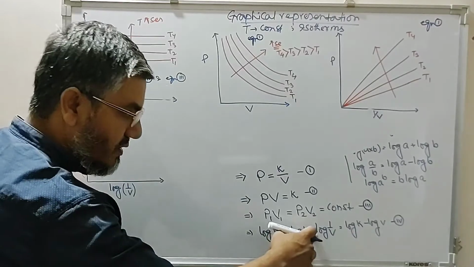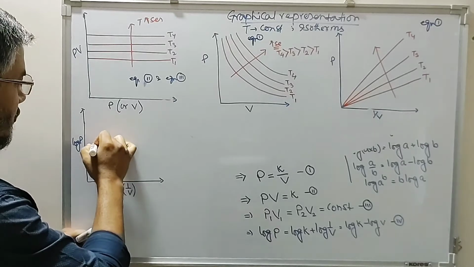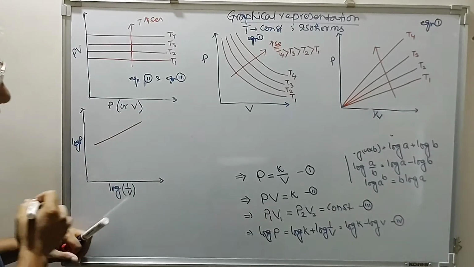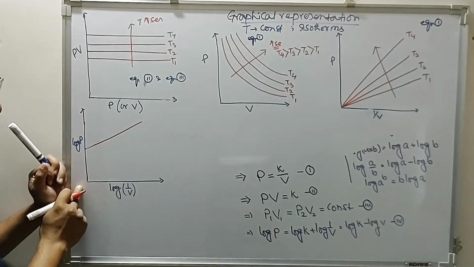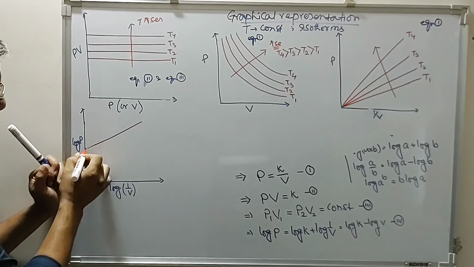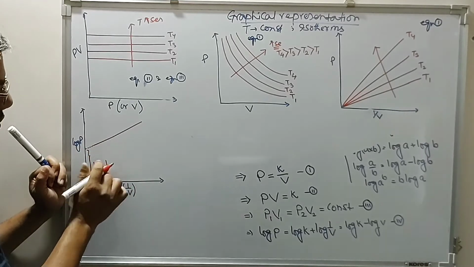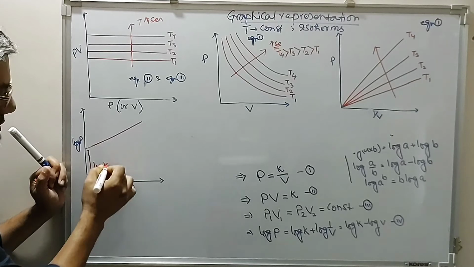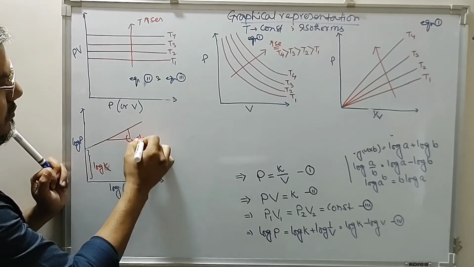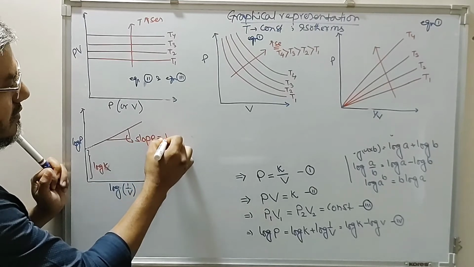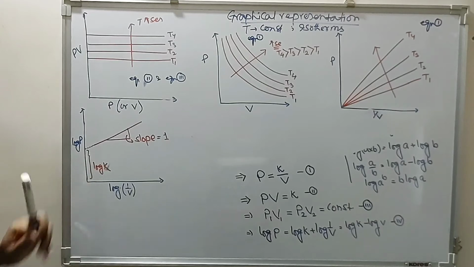So the graph will have a positive slope, and if you extrapolate, this meets at a value equal to log K. This is the intercept, and this is the slope. The slope of the graph is 1. This is equation 4.